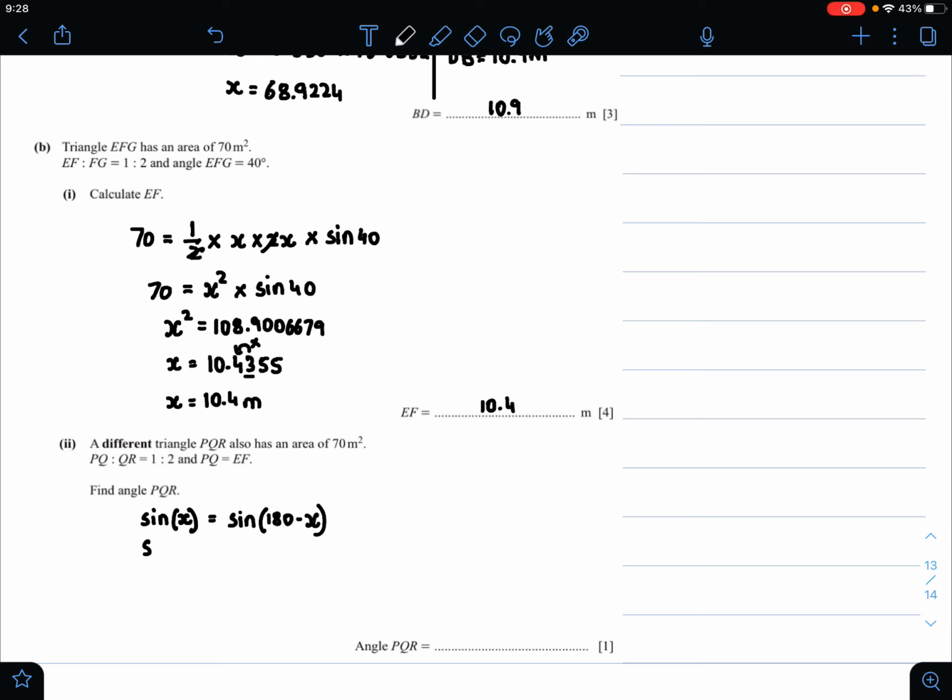So the previous angle was 40 degrees, so the new angle would be 180 minus 40 degrees. Therefore we would get sine of 140 degrees, and therefore your final answer for question B part 2 would be 140 degrees.